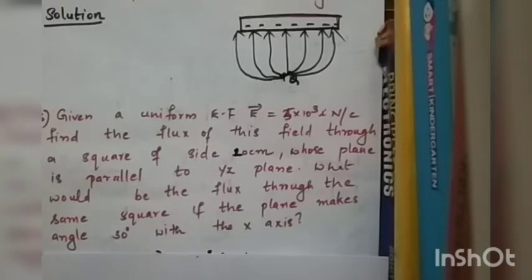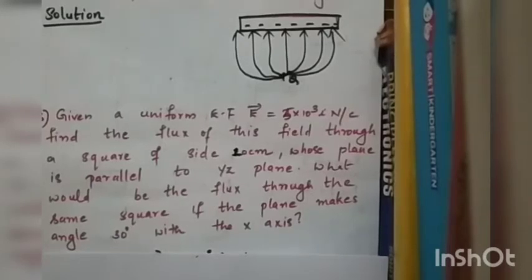You know the area vector is always perpendicular to the plane. So if the plane is along YZ, the area vector will be normal to the YZ plane. And which is the direction normal to YZ? The x direction, right? So our area vector is also acting along the x direction.